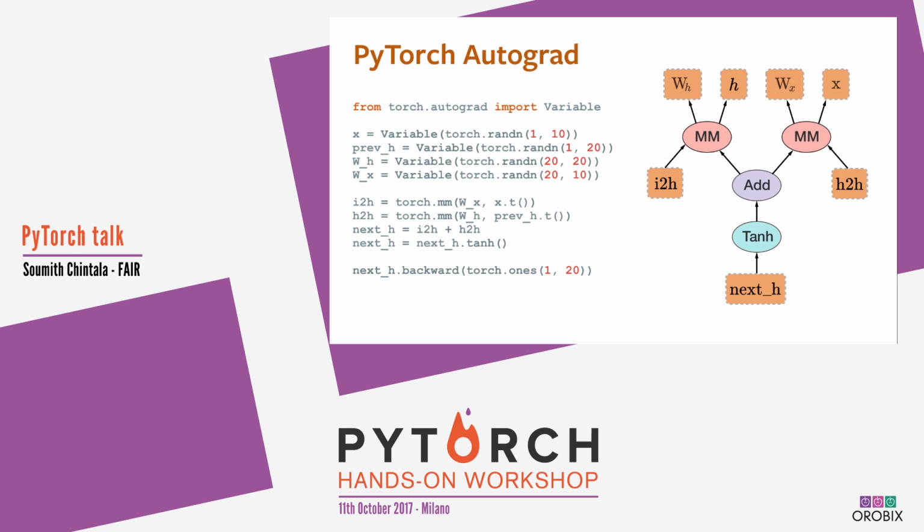So x.grad will now include the gradient with respect to NextH, like the derivative of NextH with respect to W. This is the differentiation engine, which is pretty powerful, and you can create neural networks using this engine.